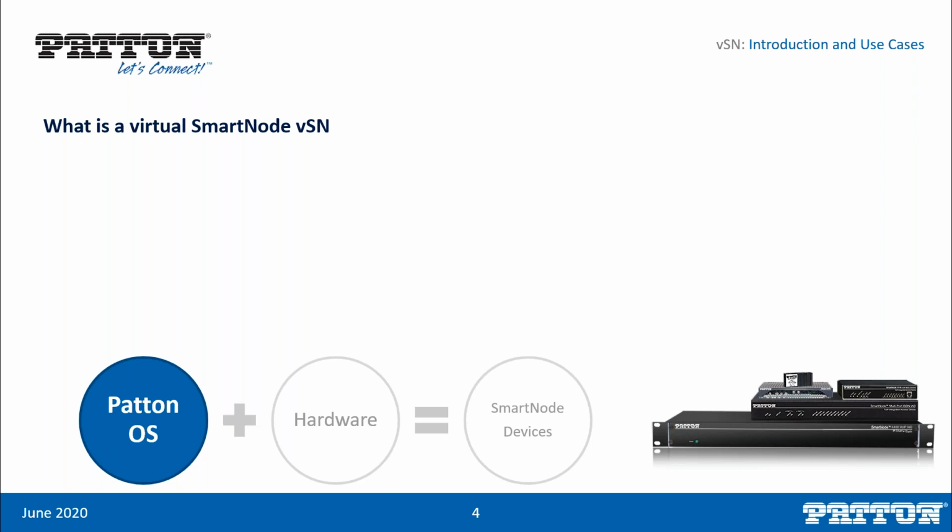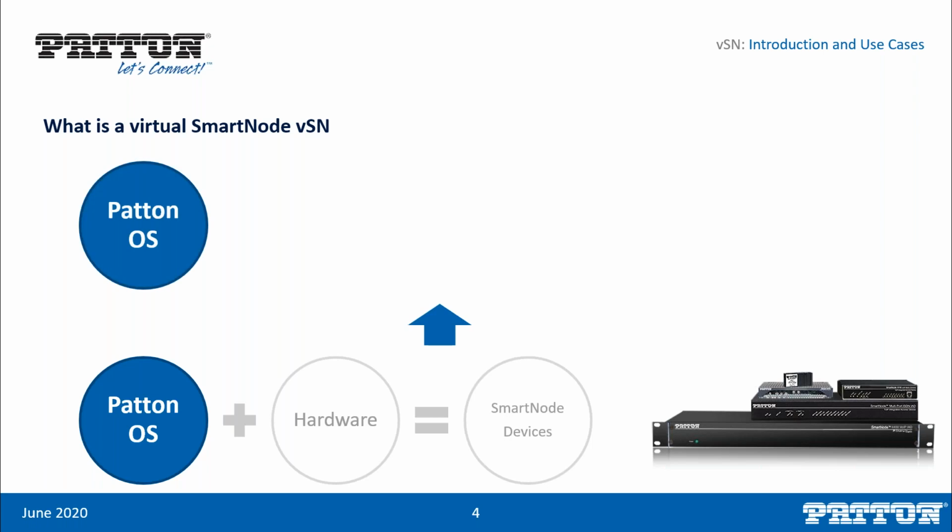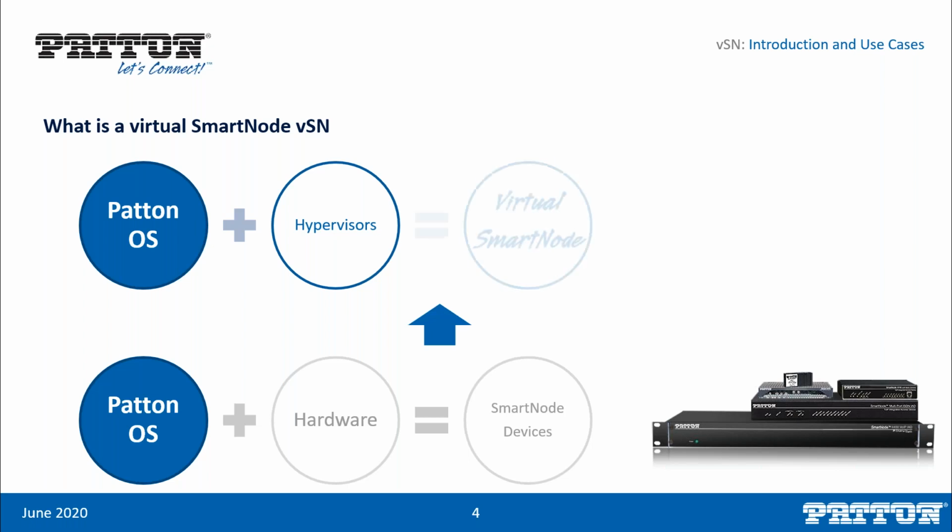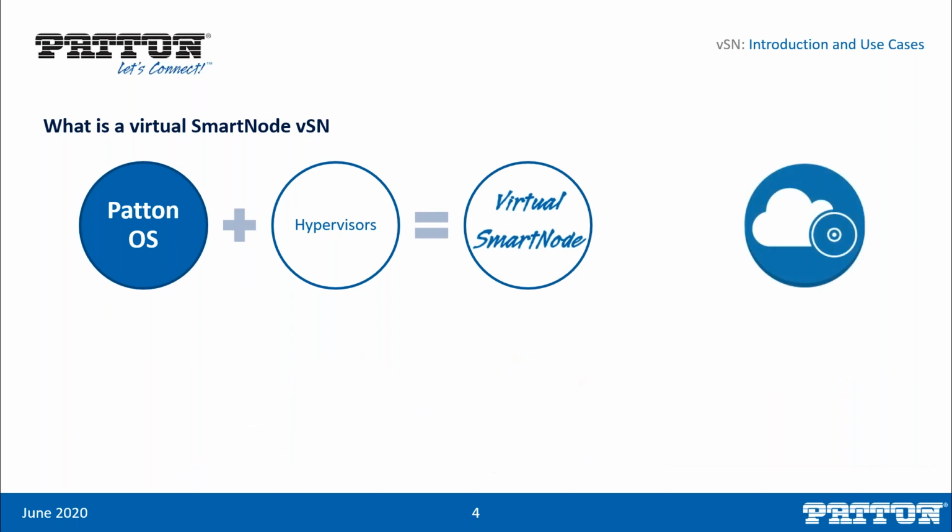The SmartNode runs the Patton OS, the Patton operating system. As a next step in the evolution of the technology, we took the same operating system, but instead of loading it onto our own hardware, we made it run on various hypervisors. With that, the Virtual SmartNode was born.